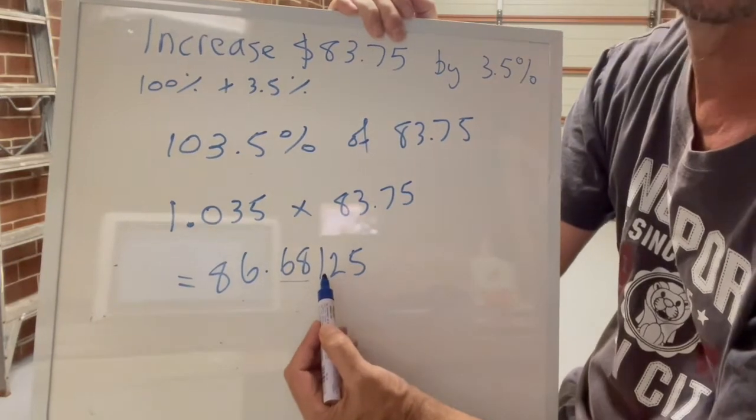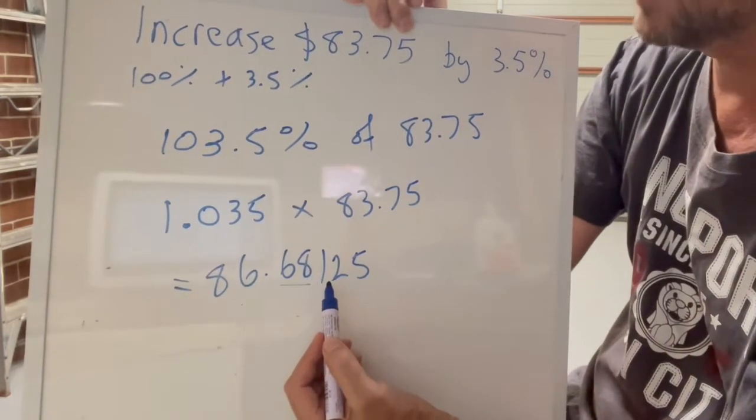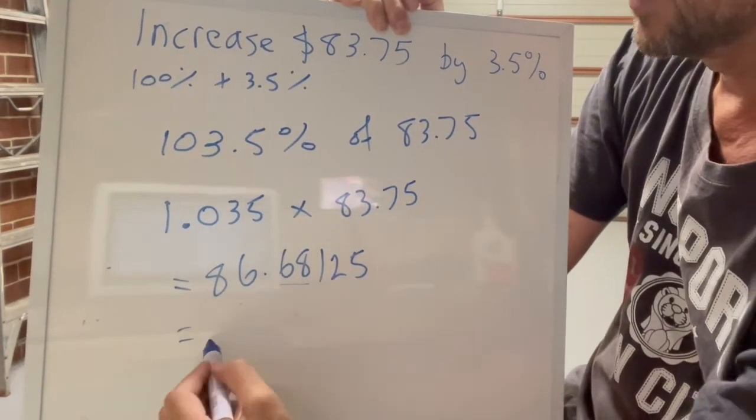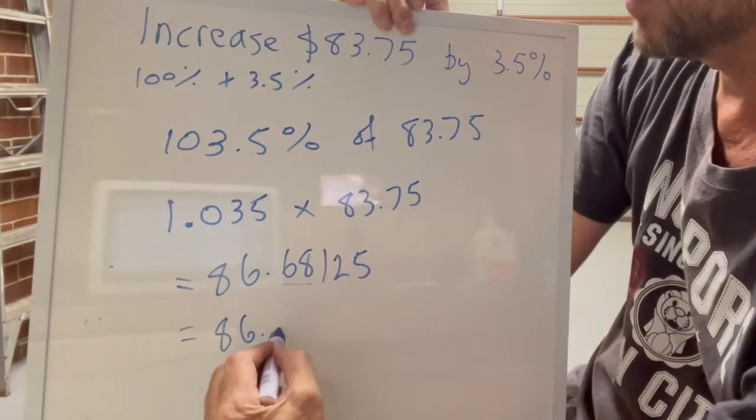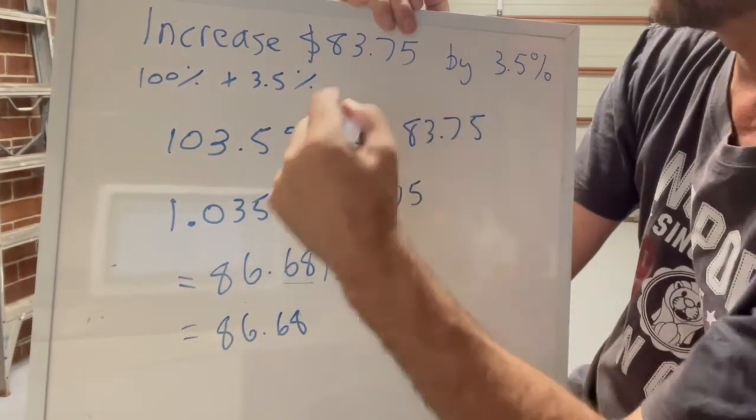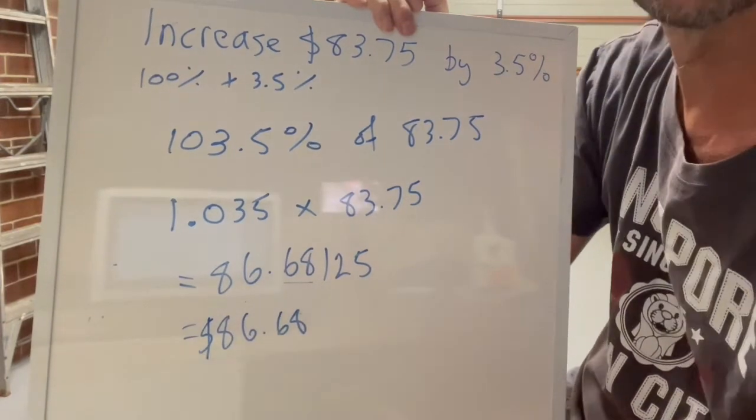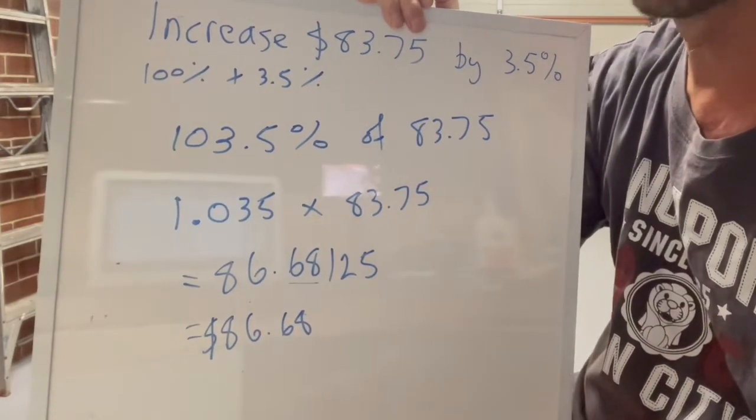The next number is less than a 5, so we don't have to round up. So that would become $86.68, and we're dealing with dollars, so we make sure we put the dollar sign on the front of it to make sure it's correct.